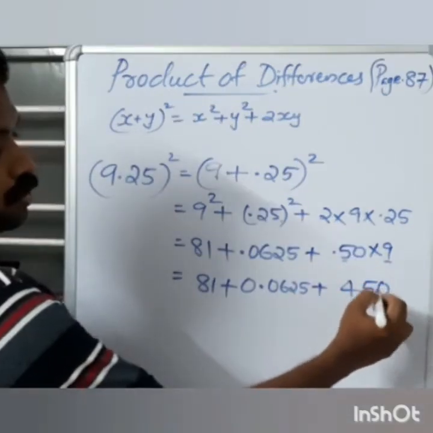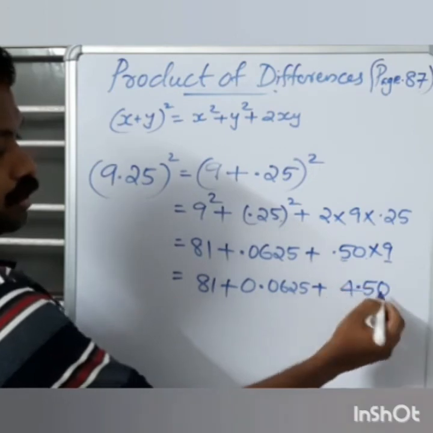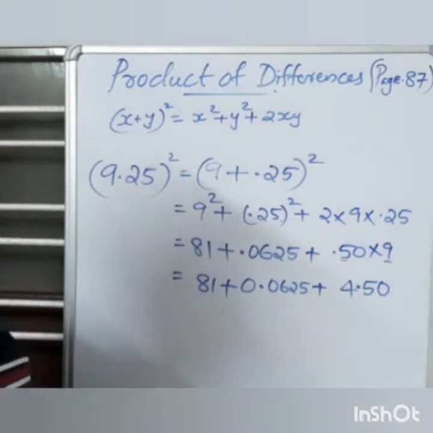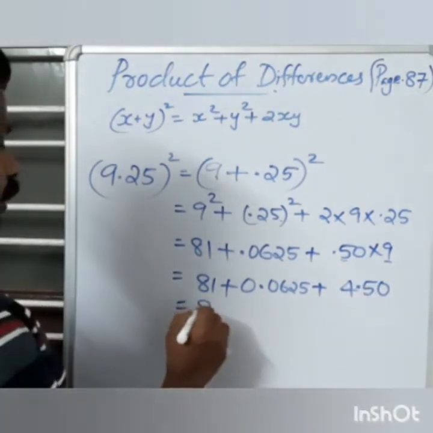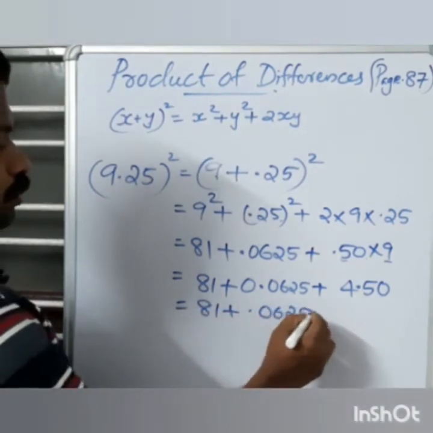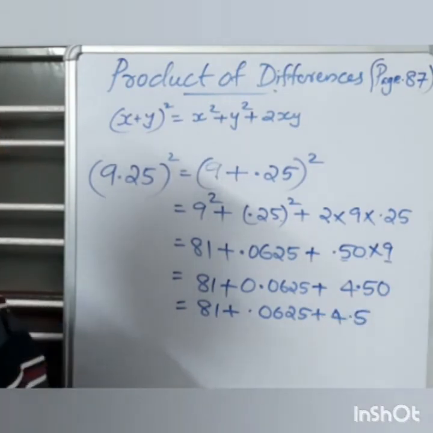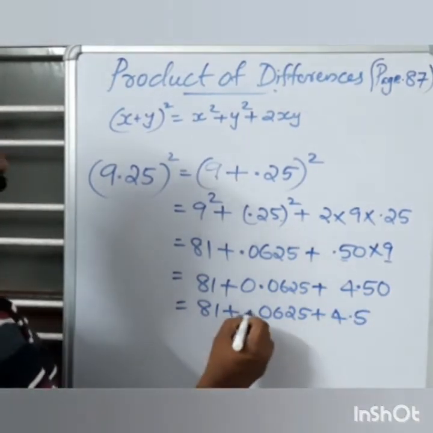Then 0. So how many decimals here? 2 decimals. So 4.5 we can write. So it is 81 plus 0.0625 plus 4.5. 0 will not be. So we have to add these three.